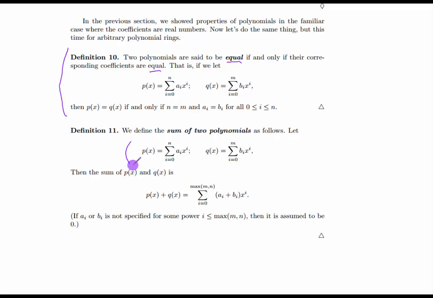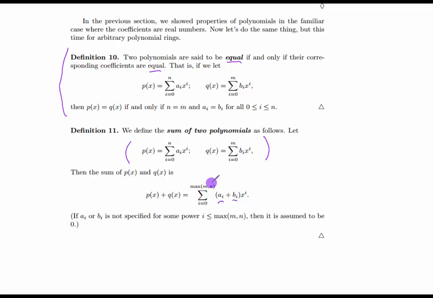Now we define in a formal way what the sum of two polynomials is. What we're basically doing is adding the coefficients of like terms together. Now notice here this max(m, n): this summation may not go up quite as far as this one, but you have to make sure to include the highest order term.